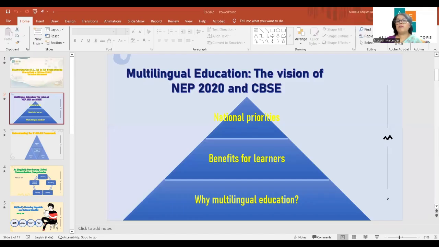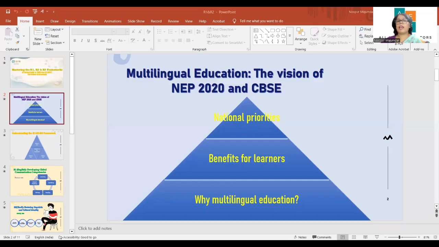The second level focuses on learners' development. Students who learn multiple languages often demonstrate improved communication skills and greater cognitive flexibility. They improve problem-solving ability, because we are able to understand things from the bottom of our heart.